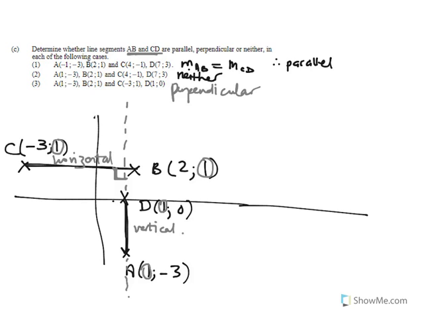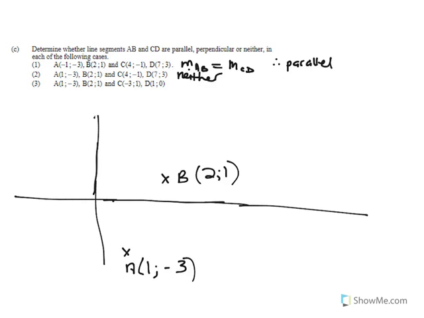So 3, 2, 1, I'm erasing. Okay, so A is in the same position, B is also in the same position, (2, 1). C is at (-3, 1), over there, and D is at (1, 0), so on the x-axis.